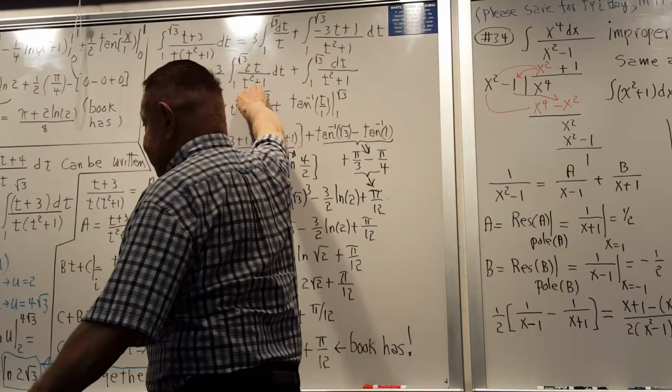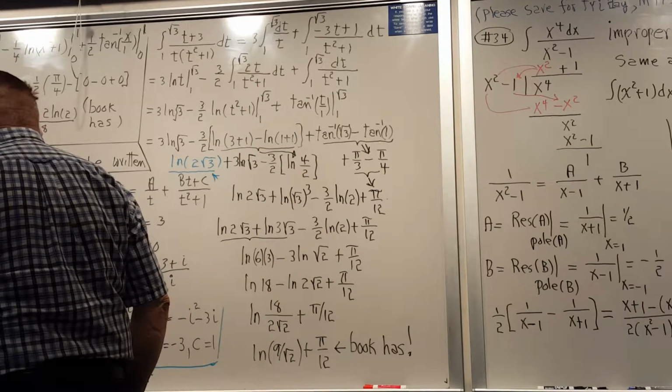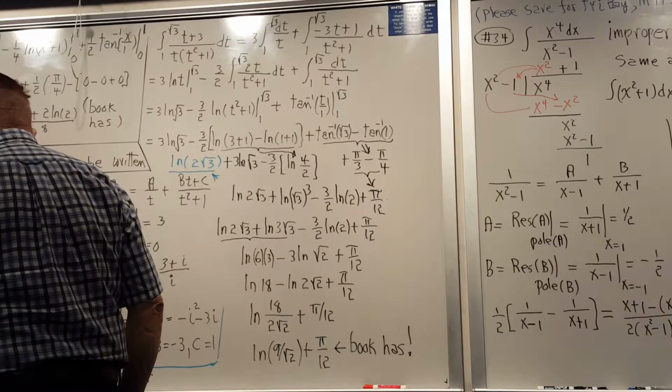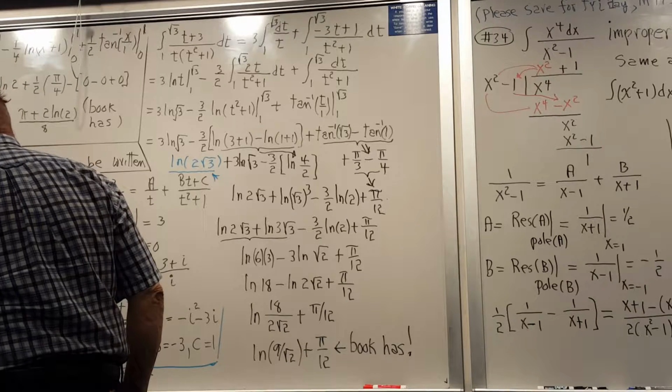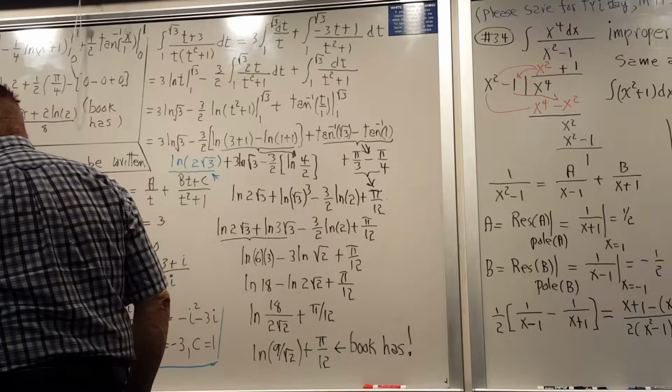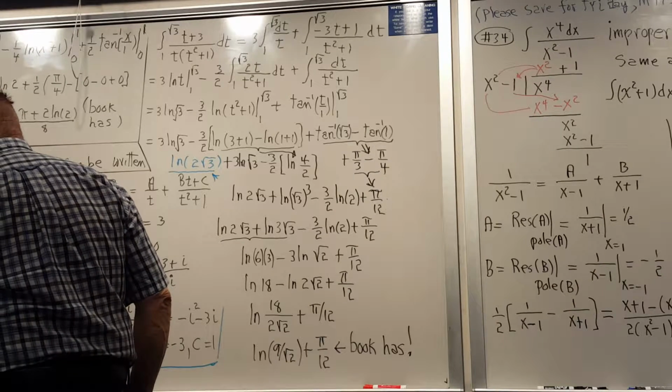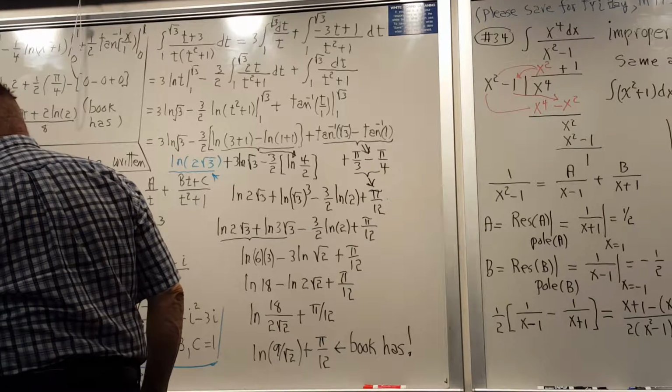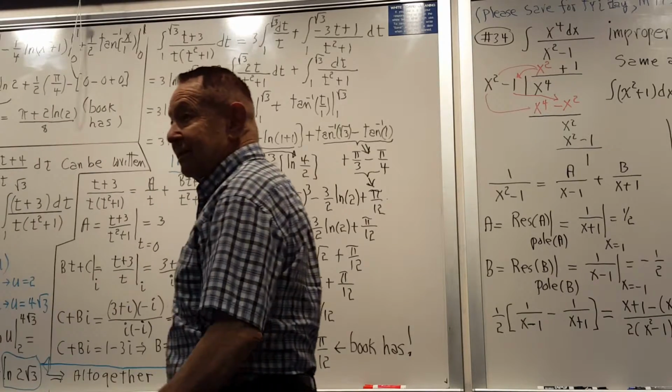That's kind of the same trick that I did here with this one, where I factored out the 1/2, and then I put in a 2 there and divided by a 2, so I'd have 2x over x squared plus 1.